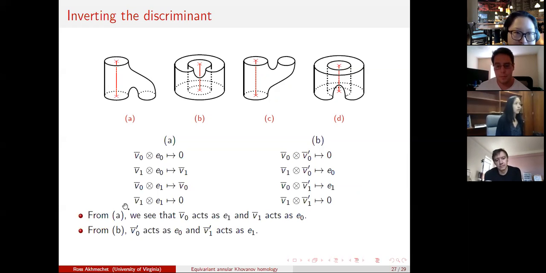Wait, but on this slide, you already inverted the discriminant to get V null and V1 bar, right? That's right. So that means away from the puncture, you still have the inverted discriminant. That's right. So wouldn't it still be a Lee theory away from the puncture? Okay. That's right.